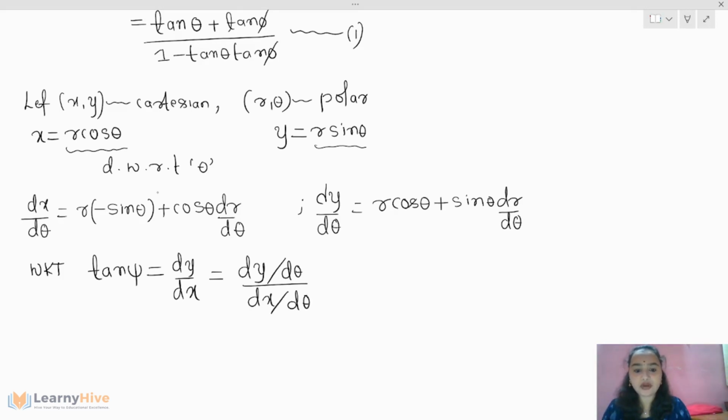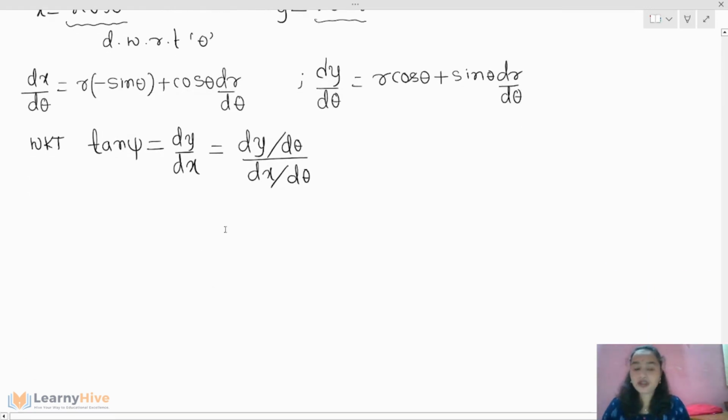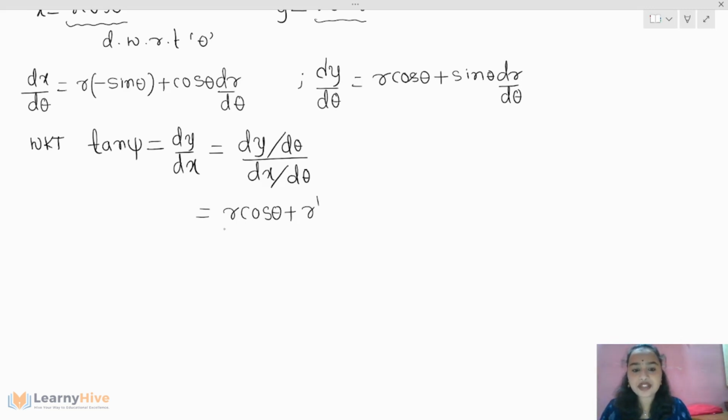By using the chain rule concept, we can write this. And now we have the values of dy by d theta and also dx by d theta. So dy by d theta we have as r cos theta plus r dash sine theta, where dr by d theta we can write as r dash, the whole divided by dx by d theta.